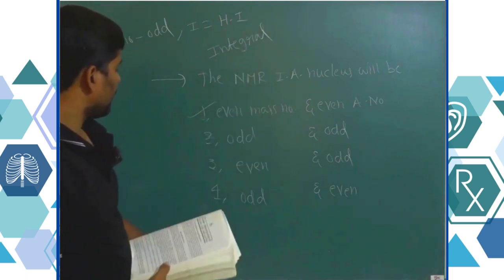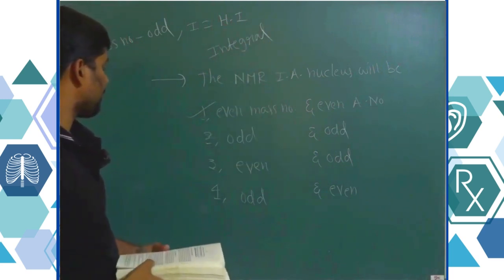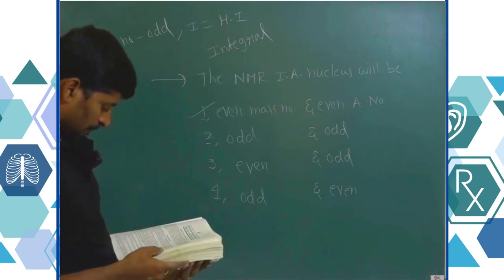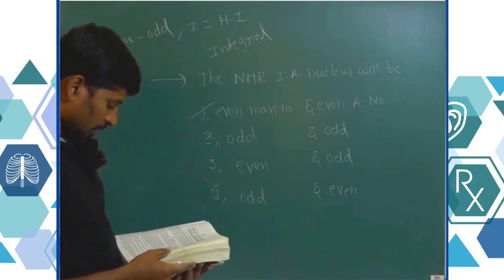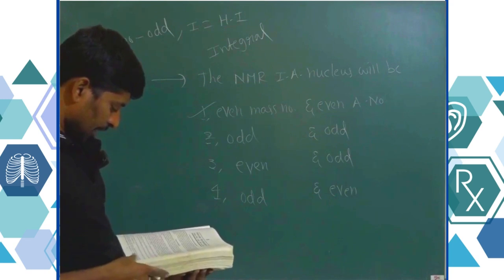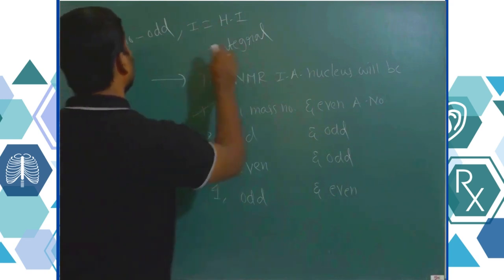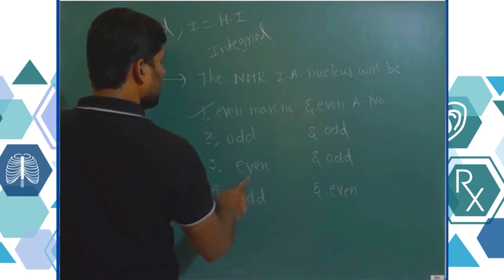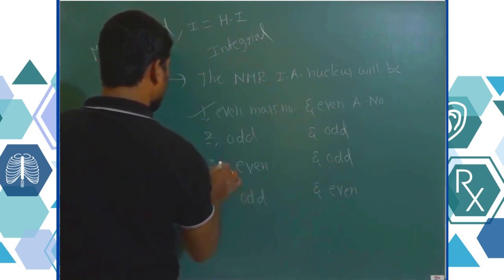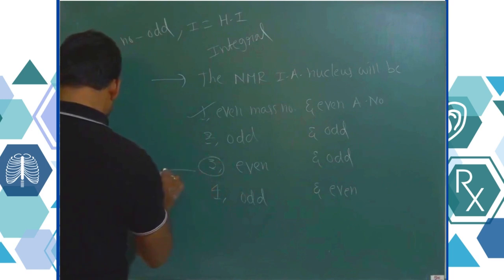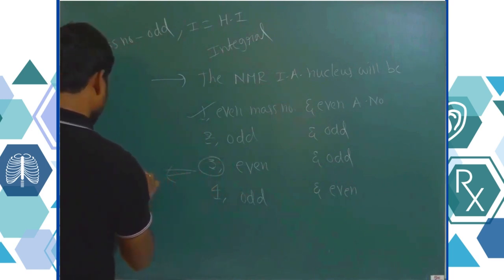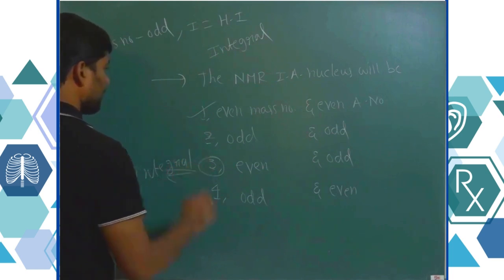Okay. So if the mass number is odd, we will get half-integral only. If the mass number is even but the atomic number is odd, that is the third case, in this case we will get integral spin.